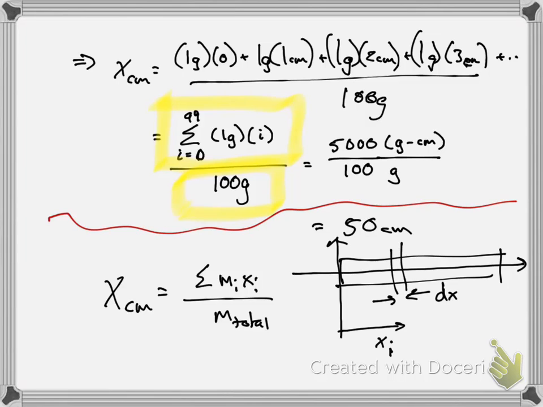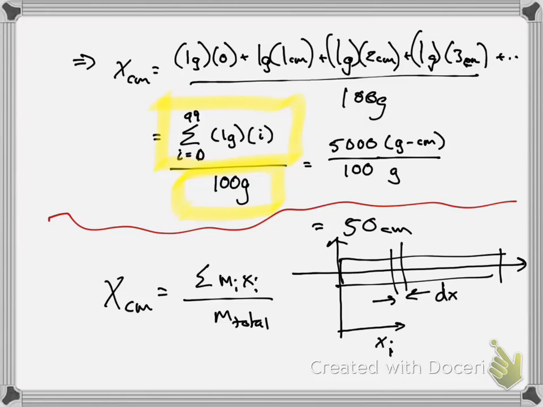They still have position x sub i, and there are more and more of them as we make them smaller. The width of each piece is dx, whereas before it was 1 centimeter. The position is still anywhere from 0 to 100 centimeters.